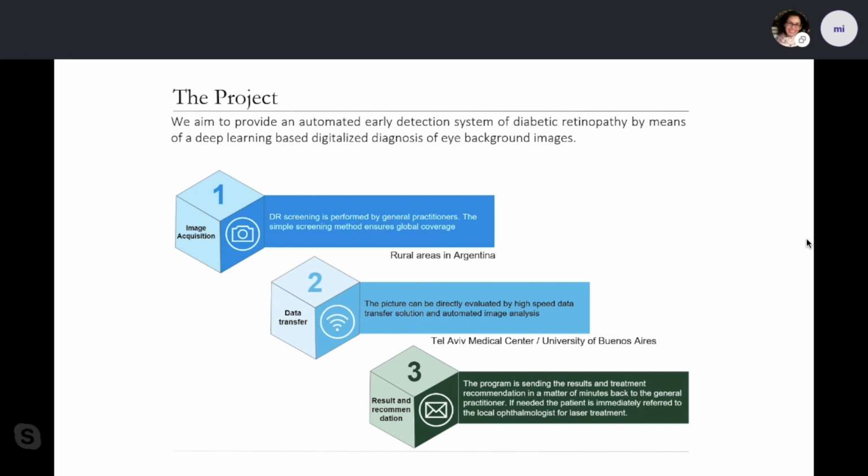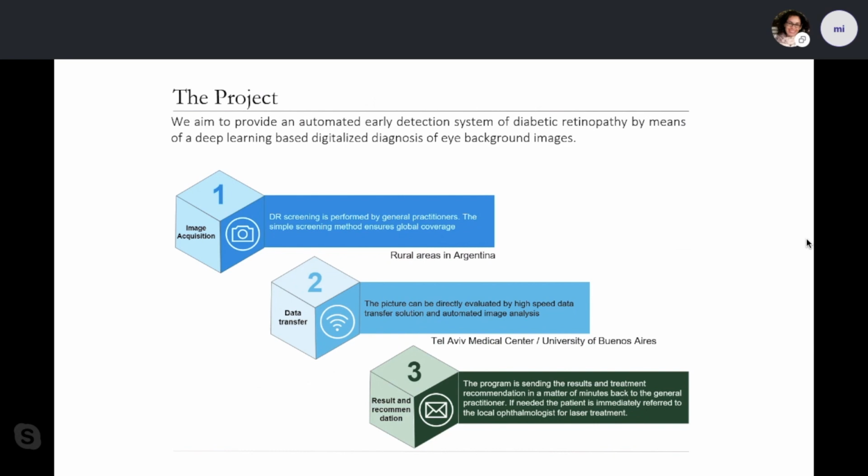Or if we see some kind of early signs, we will send it right away to a local ophthalmologist, and maybe later on in the project, when we get an automatic algorithm, we will have that done automatically, not only the diagnosis, but also the treatment counseling.